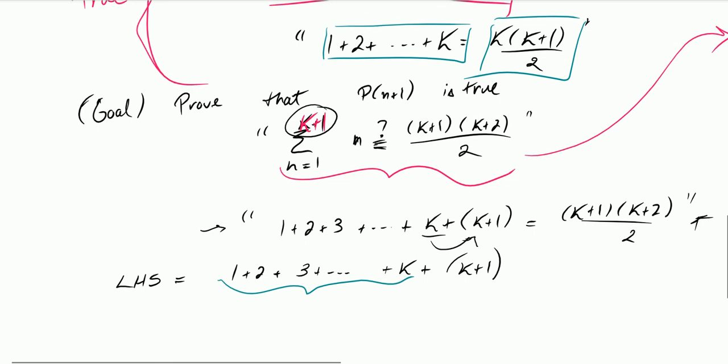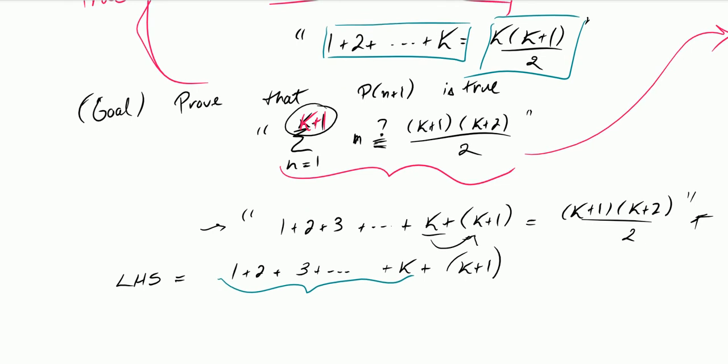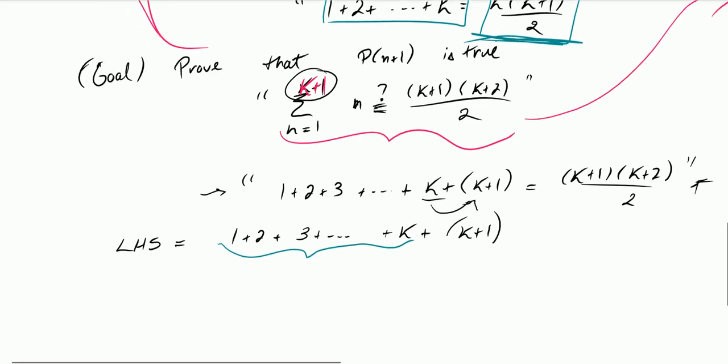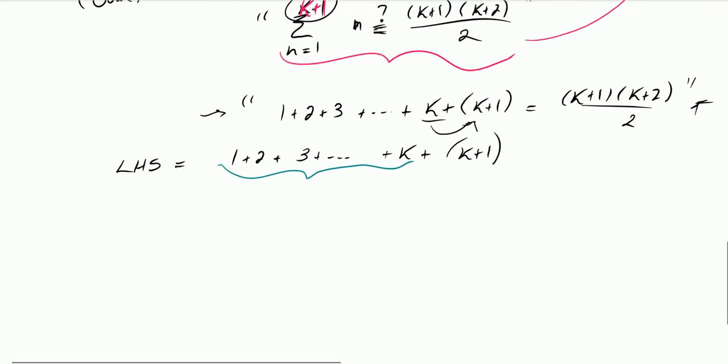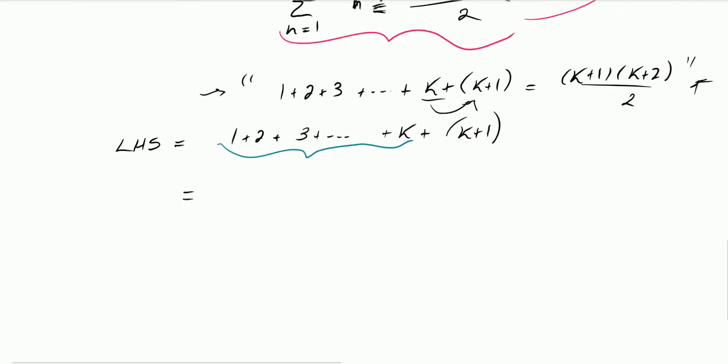So there's no problem if I just substitute this. The left-hand side is now equal to k times k plus 1 over 2 plus k plus 1.